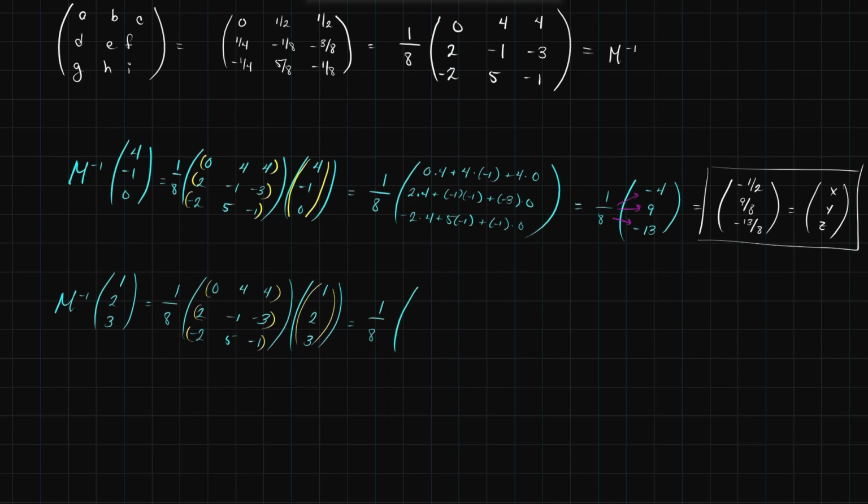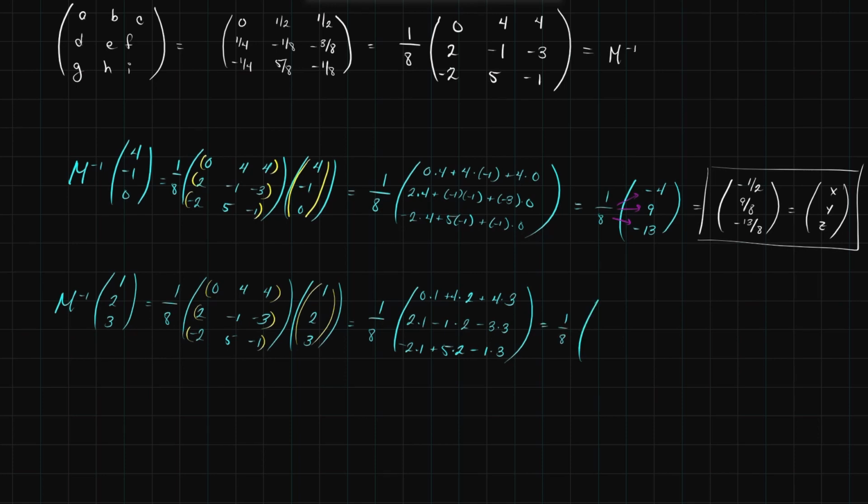It's going to give me 0 times 1 plus 4 times 2 plus 4 times 3. And then the middle row will be 2 times 1 minus 1 times 2 minus 3 times 3. Then the third row will give me negative 2 times 1 plus 5 times 2 minus 1 times 3.